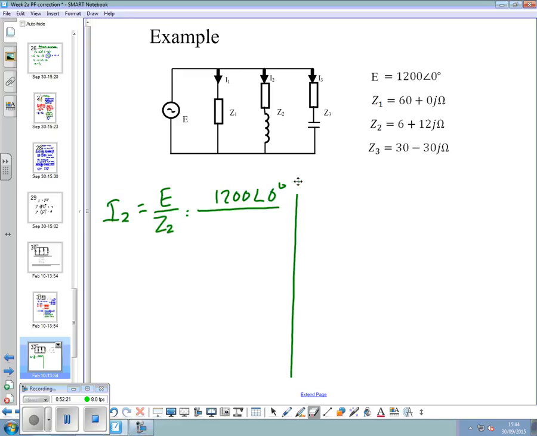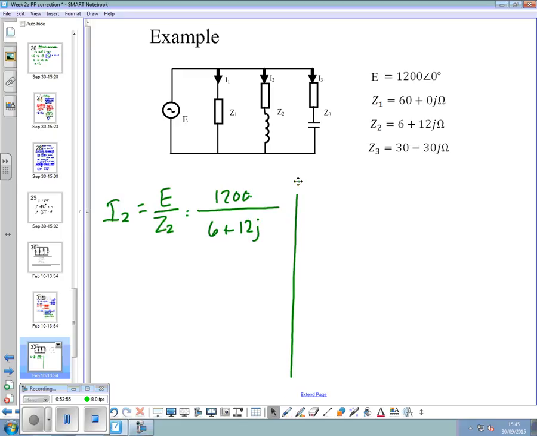Maybe the way I've done it in my example is to leave 1200 on its own and put 6 plus 12J underneath. There's a good reason why I left them in rectangular form. I want to know not only what S is, but also what P and Q are, so if I have it in rectangular form, I'll have P and Q already separated for me.